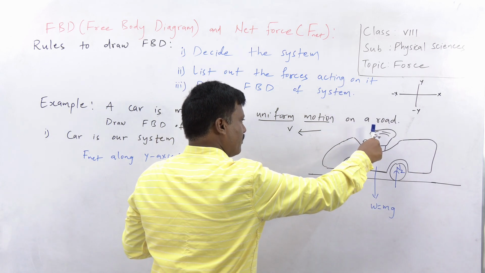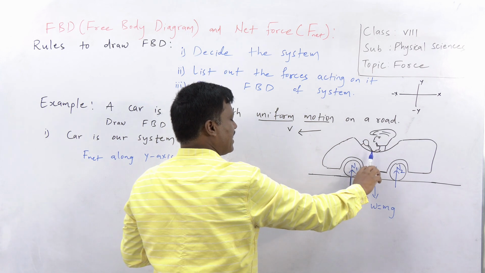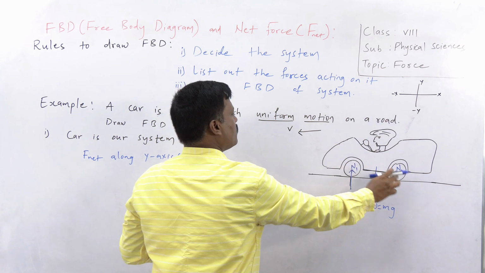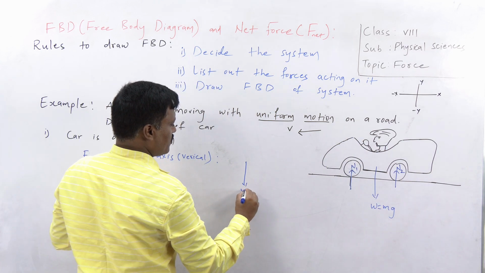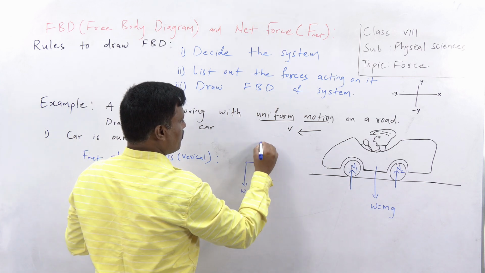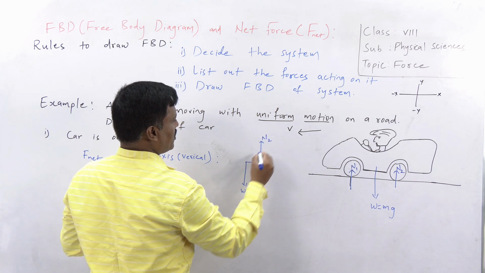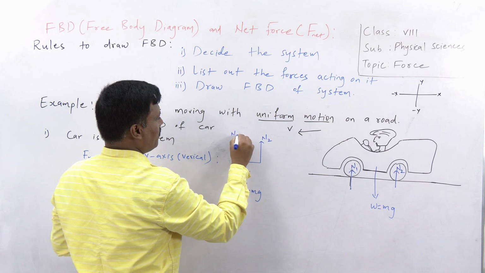So what is the force acting towards down? Gravitational force. What are the forces acting towards up? These two normal forces. Okay, so this is a gravitational force which acts downward direction, and this is a normal force which acts upward direction, and this is another normal force which acts upward direction.